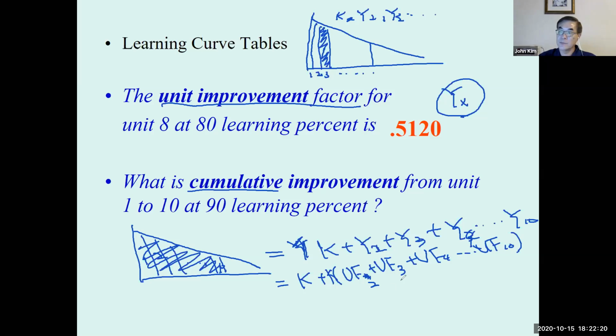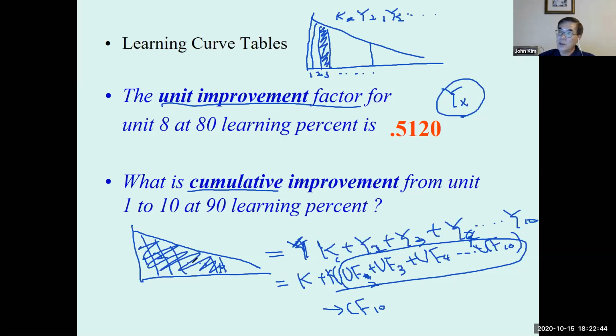We don't need unit factor 1 because K is the first one. So this is actually from 1, that will be the cumulative factor 10.